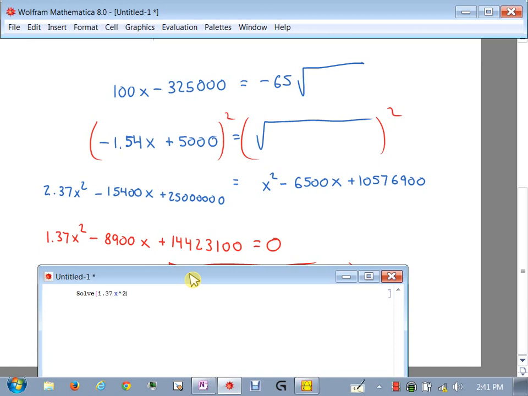1.37x squared minus 8,900x plus 14,423,100 equals 0.